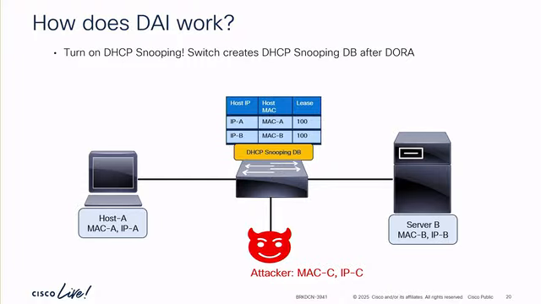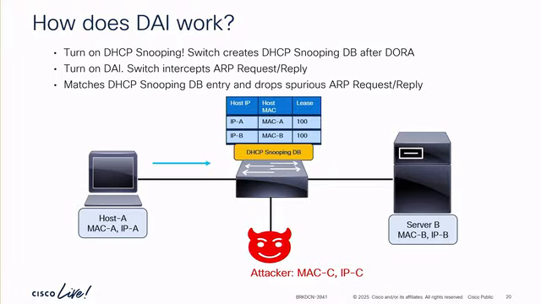So what happens with this? Now, when host A sends the ARP request, because you turn the DAI feature on, this particular ARP request will be snooped, and we will check whether its credentials match the entries that we have in the snooping database.